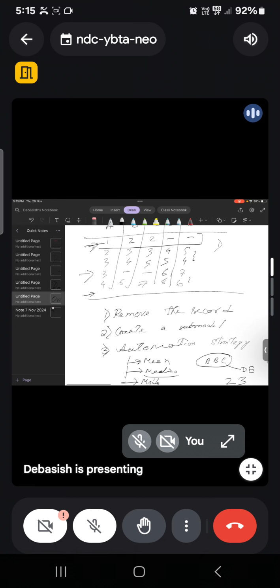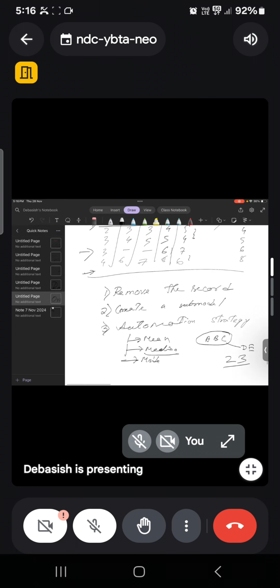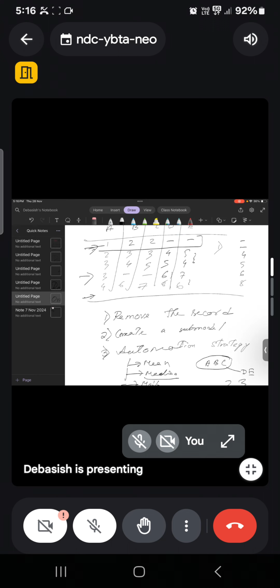So here you just see 4, 5, 6, 8, and you need to predict this one. How to get the median value? What will be the median value?